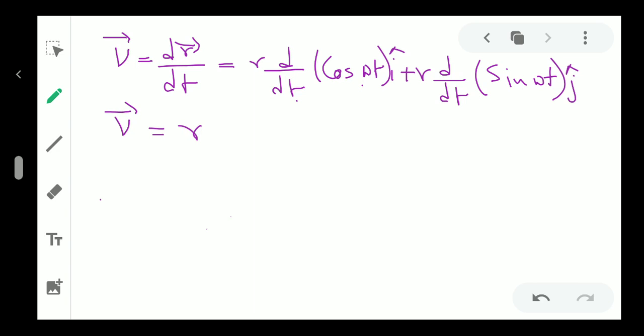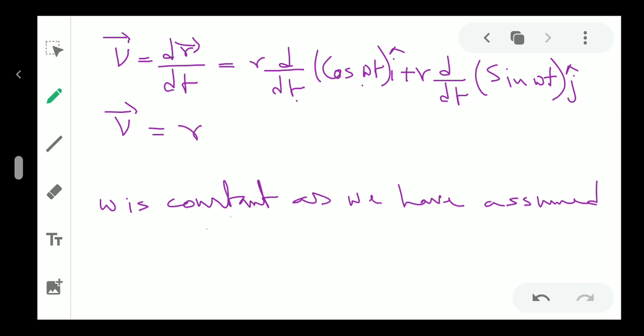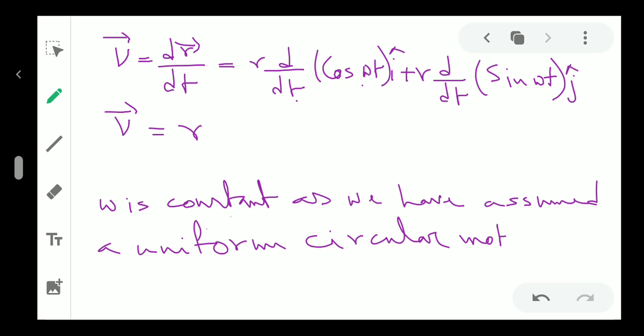So omega is constant, as we have assumed, a uniform circular motion. Now this is not the motion you get when you switch on a fan, because in that case the speed increases slowly, right?